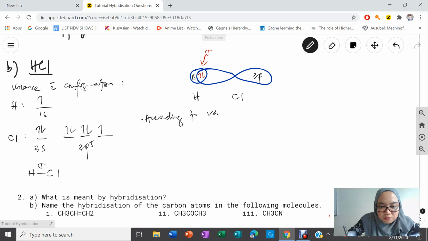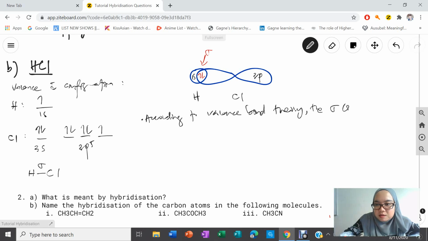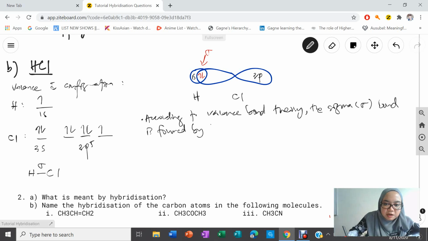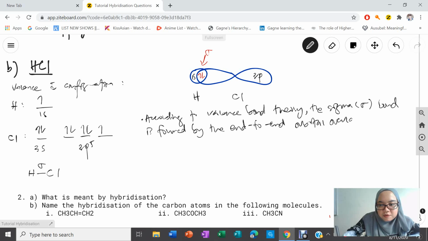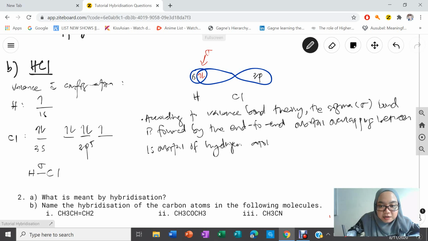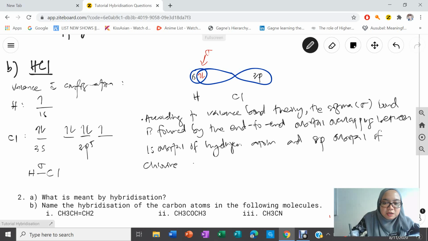According to valence bond theory, the sigma bond is formed by the end-to-end orbital overlapping between the 1s orbital of the hydrogen atom and the 3p orbital of the chlorine atom.